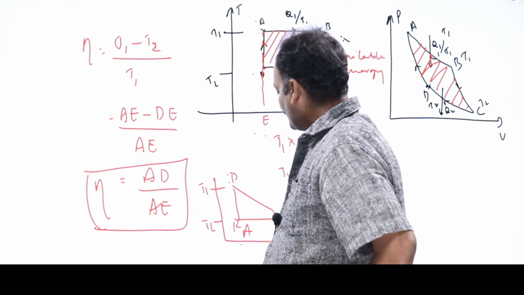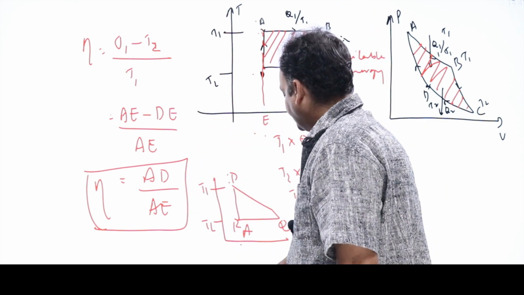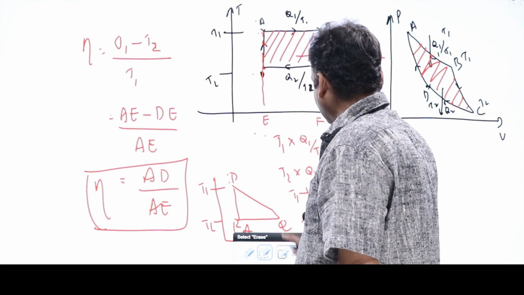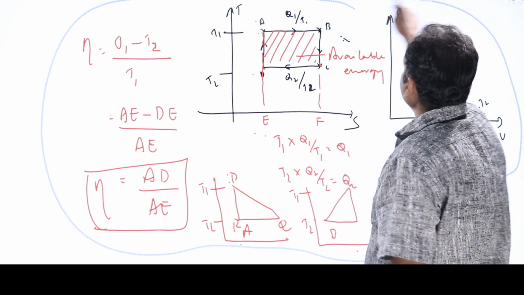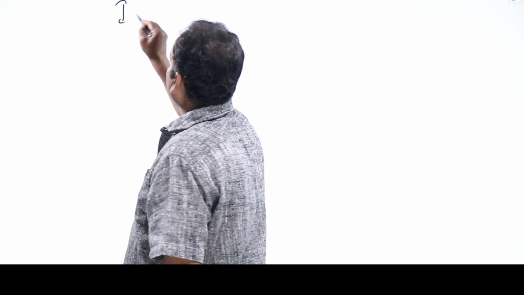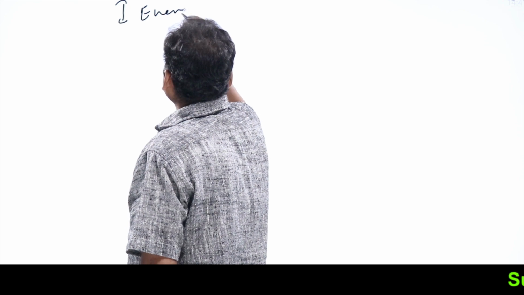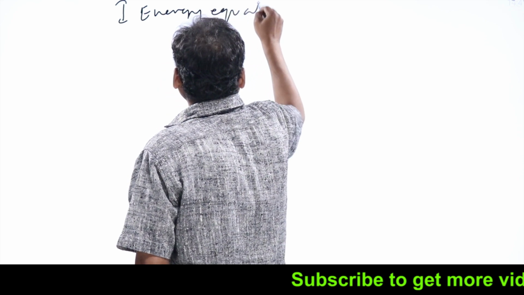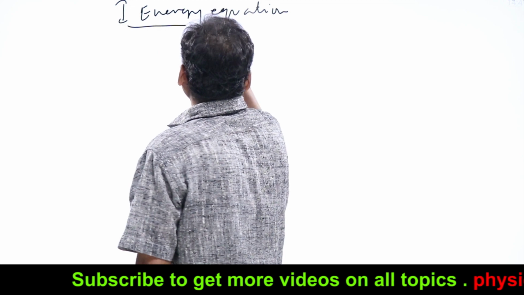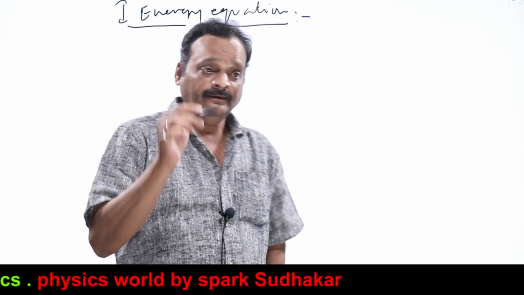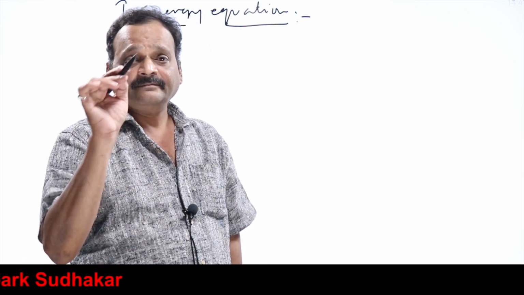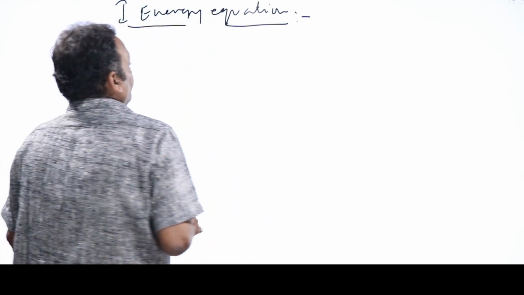Now, how do we start the first energy equation? I'm repeatedly saying, it is very, very important from the all India level MSc physics entrances point of view, GATE physics, and even CSIR JRF. Okay, first energy equation.